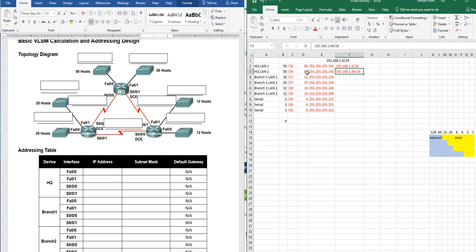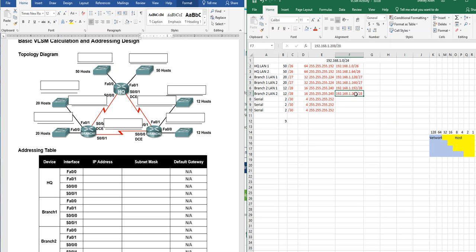Then 64 plus 64 equals 128. 128 and 32 equals 160. 160 and 32 equals 192. 192 plus 16, because I hope you understand what I'm doing, we need 16 for this line. That's why we add it to 192.